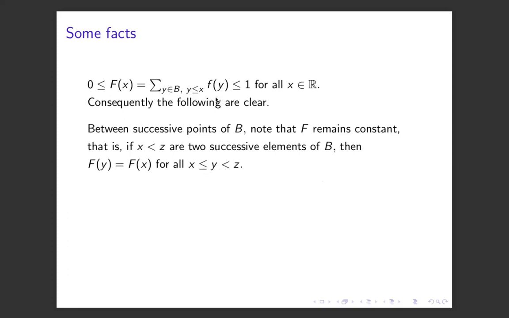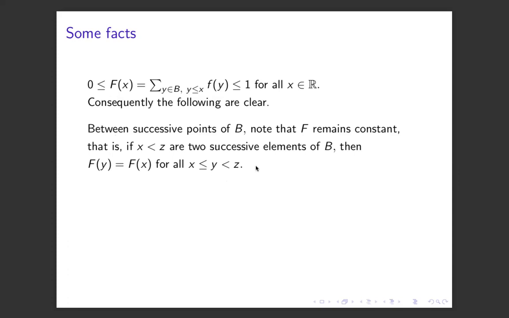This capital F is defined for every x. So this function capital F will remain a constant in this interval, closed at x, open at z.